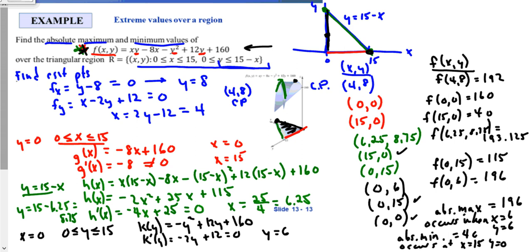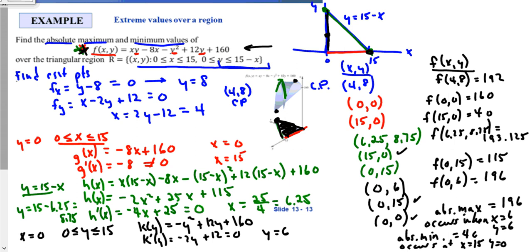Okay, now keep in mind that surface is defined for all x, y in the xy plane, but we're only looking at the piece of it above this triangle. And so the little graph that they're showing you is just the piece of the graph for these points. So here's the lowest point, and that's the one that occurs here at 15, 0.